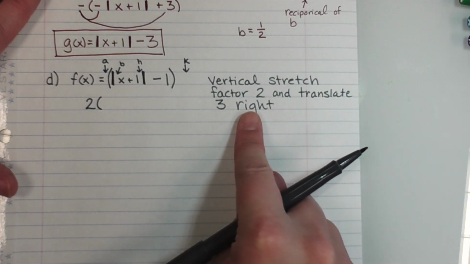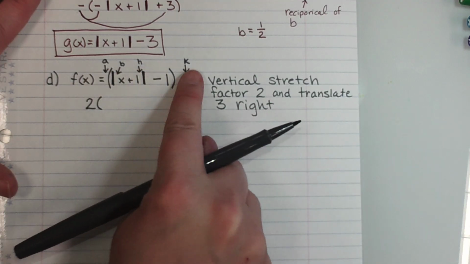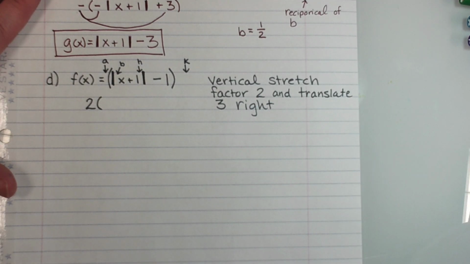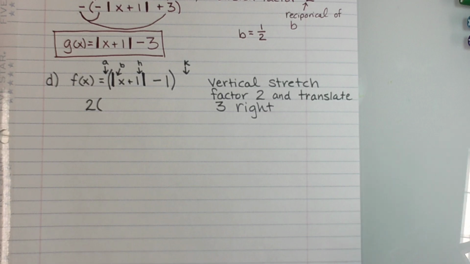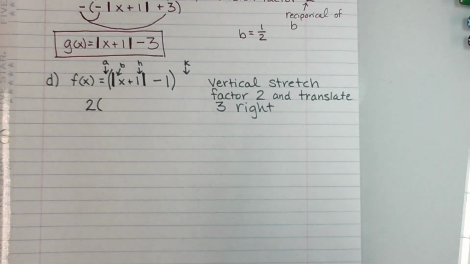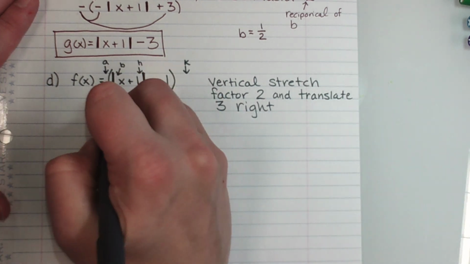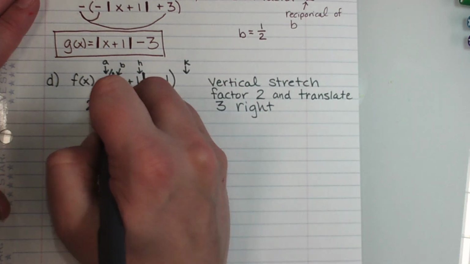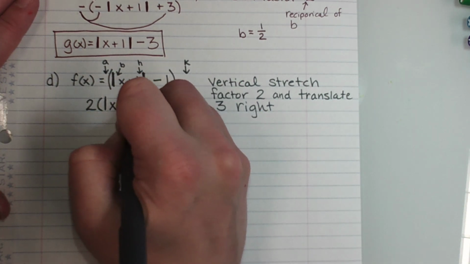Translate 3 to the right. A, B, H, or K? Right, 3 is H, specifically it's minus whatever that value is. So it's going to go here, which means this didn't get touched.